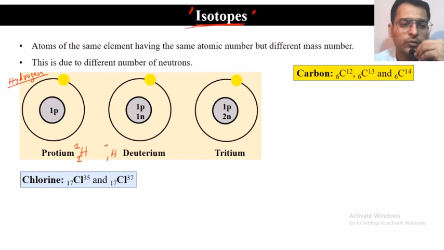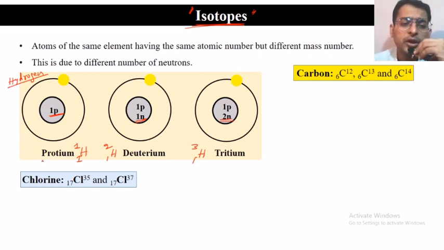Deuterium: atomic number does not change, mass number is 2. Tritium: atomic number 1, mass number is 3. So the difference is due to the different number of neutrons. You see here in deuterium there is one extra neutron, whereas here there is no neutron, and here there are two neutrons.